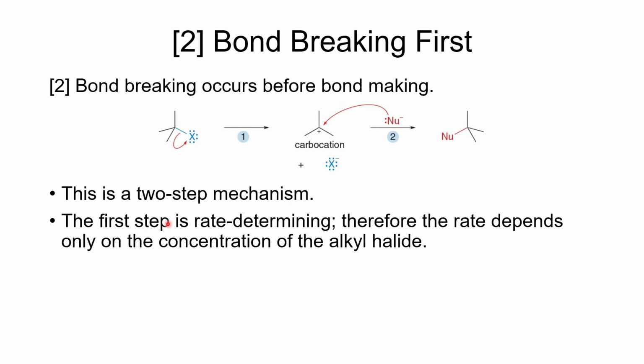We will find that the first step is rate determining. And I will show you why that is a little bit later. It all has to do with our activation energy. The activation energy of that first step is going to be much larger than the activation energy of our second step. Typically, if you're breaking bonds, that's going to have a larger activation energy than steps where you're not breaking bonds.